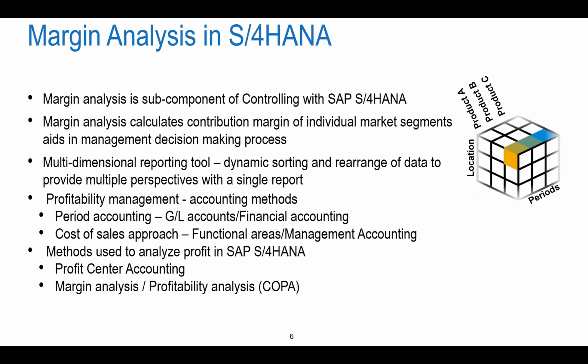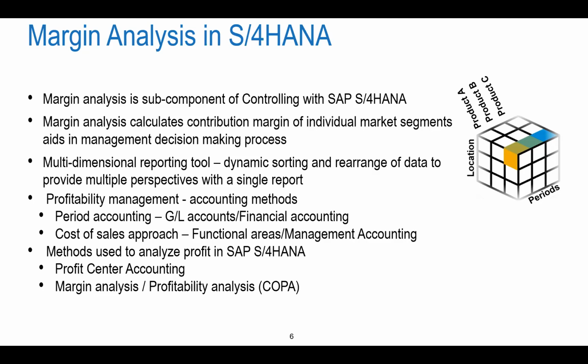Period accounting is essentially a financial accounting approach, and also a profit center accounting approach, using a period of time. You look at all the GL accounts at the end of the month, and you can analyze your revenue, profit, and also the cost involved with the sales.